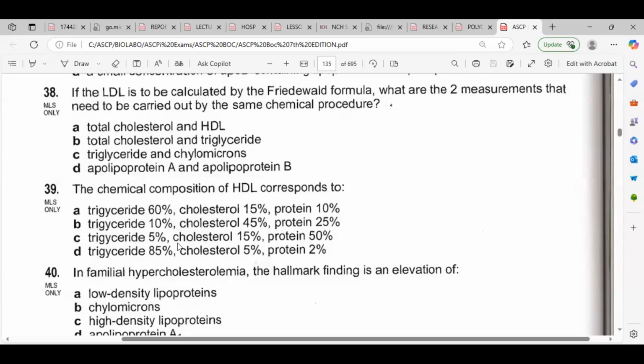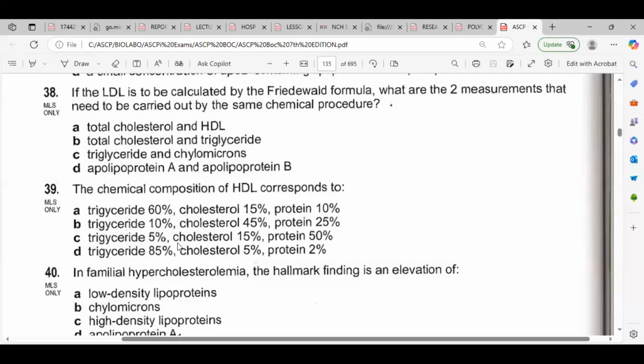Sometimes it can collect cholesterol and bring it back to the liver when it is doing what we call reverse transport of cholesterol, but mostly cholesterol is around 15%. It has the highest concentration of protein among the lipoproteins, which is why it is known as high density lipoprotein.